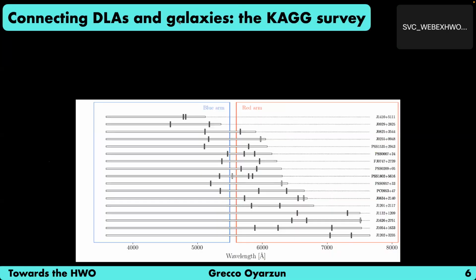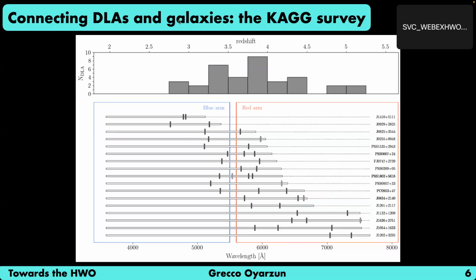The CAG survey in totality targets as many as 17 quasar sightlines, where all of them were selected based on the high number of DLAs that they feature. So this is what you see here. Each line corresponds to a different quasar sightline, and the x-axis here is wavelength. And each bar shows the location of the damped Lyman alpha absorber in wavelength space.